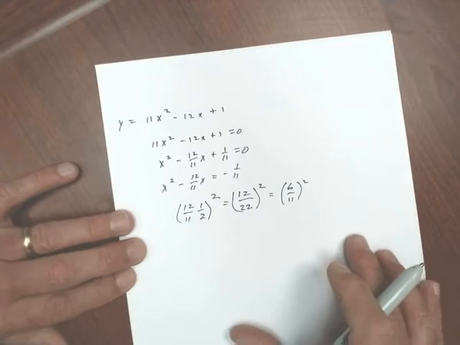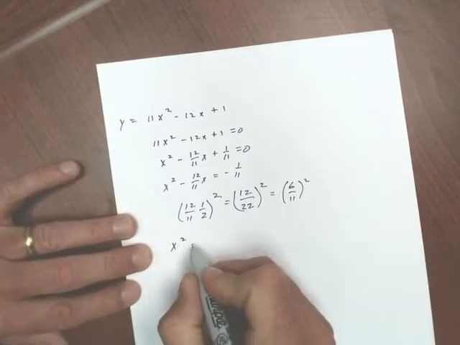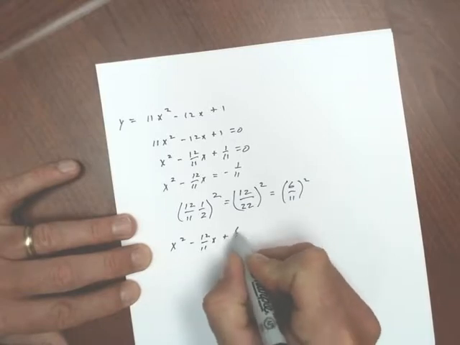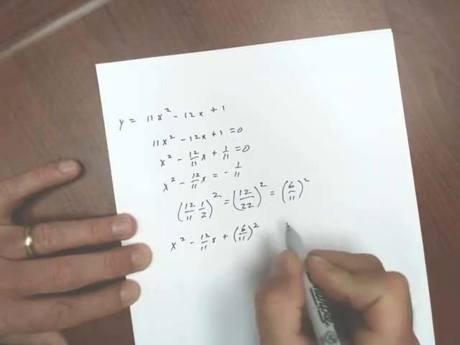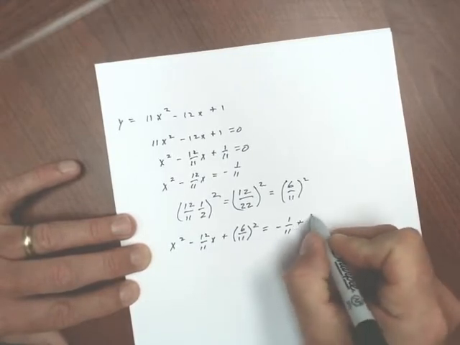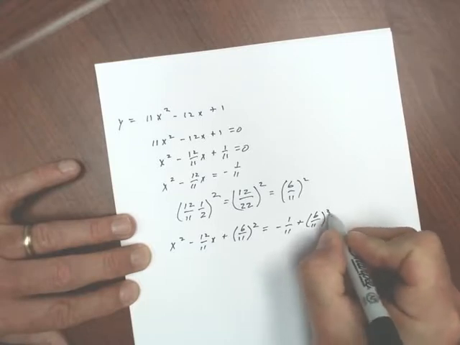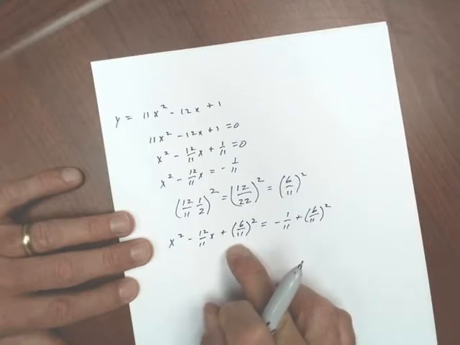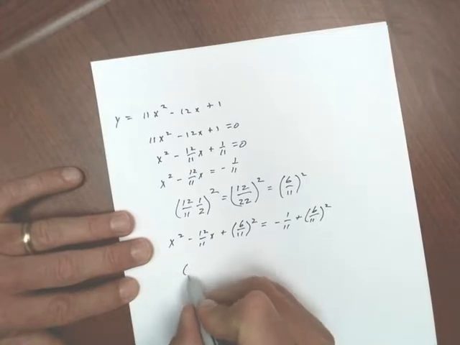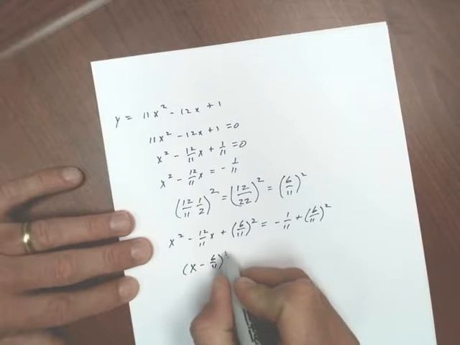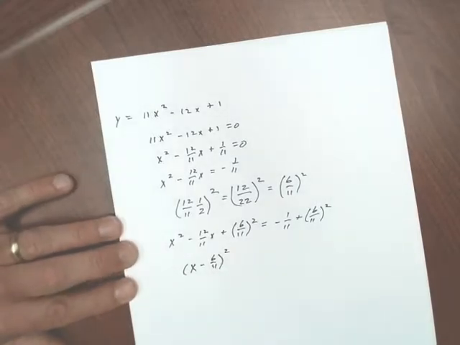Okay, now I'm going to add that to each side. So this gives me x squared minus 12/11 x plus 6/11 squared equals -1/11 plus 6/11 squared. So now on this side I should have a perfect square. Okay, and what is that perfect square going to be? Well, it's going to be x minus 6/11 squared.